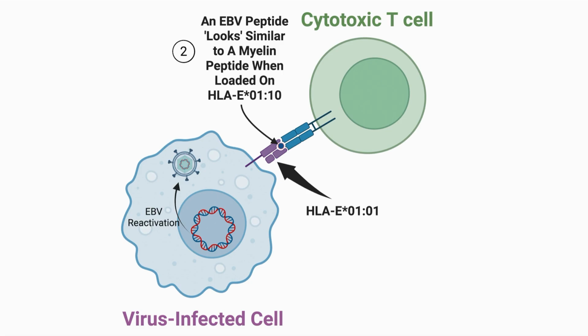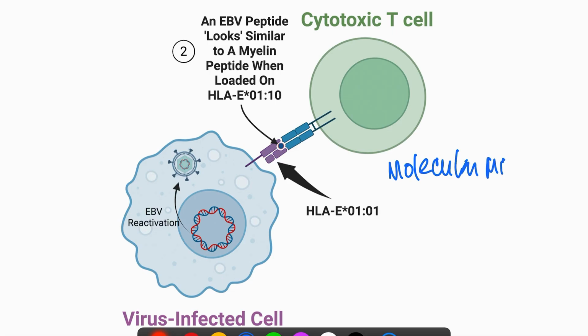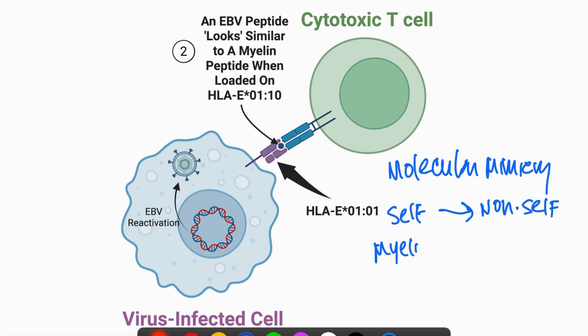Could be that the mechanism is dependent on something called molecular mimicry. So this happens when a self protein is confused by the immune system for a non-self protein. In the case of MS, myelin is a self protein, and it can be confused for EBNA1, which is an Epstein-Barr virus protein.